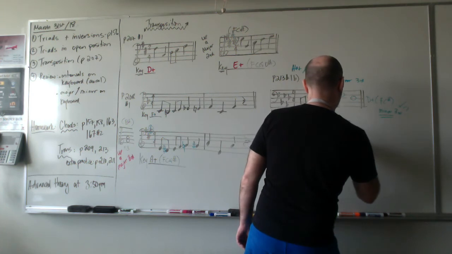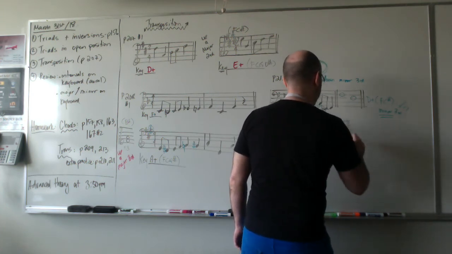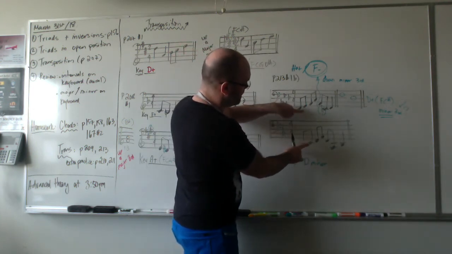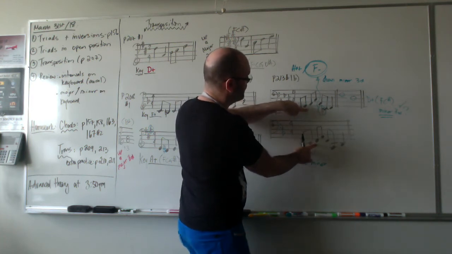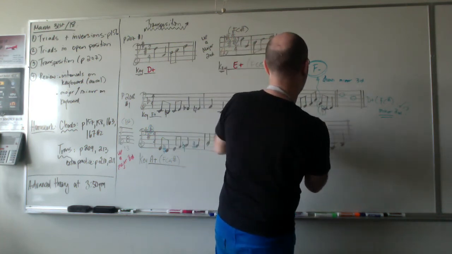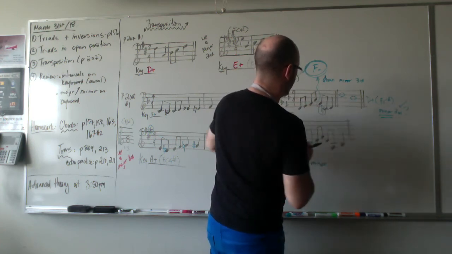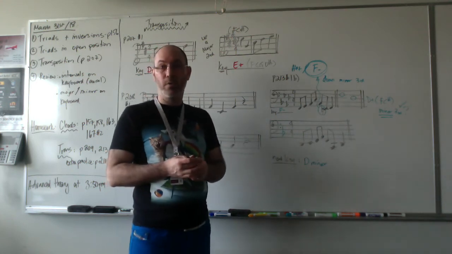And then here. So that's down a third, down a third, down a third, down a third, down a third, down a third, down a third. Okay, so are we done?